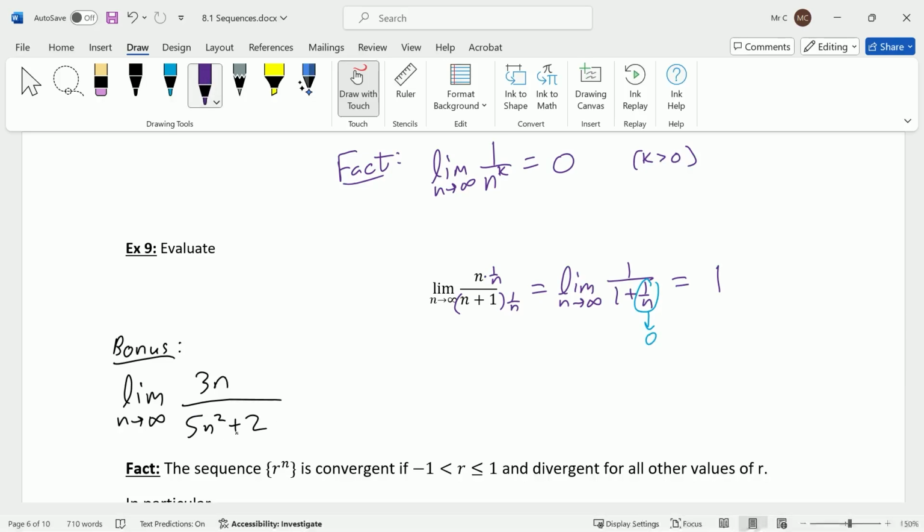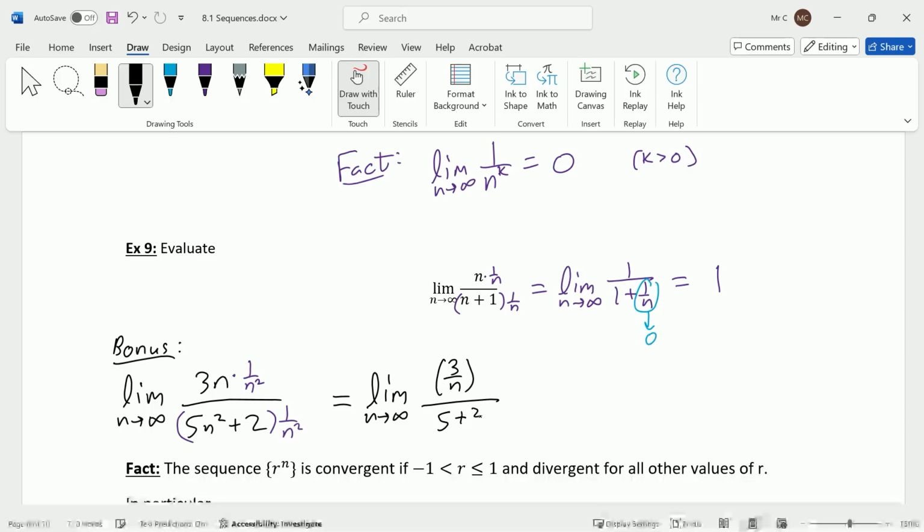So in this case, the highest power of my denominator is 2, so I'll multiply by 1 over n squared on the top and bottom, and that gives me the limit as n goes to infinity of 3 over n up top over 5 plus 2 over n squared. So this term goes to 0, this term goes to 0, and all together we're left with 0 over 5, which is 0.